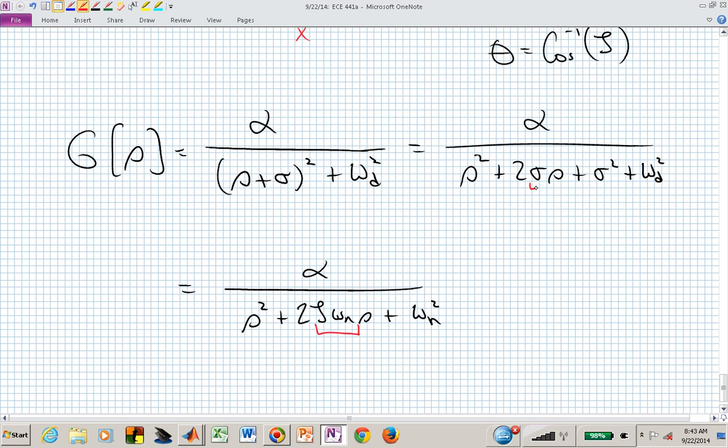There is our sigma piece. And the natural frequency, that's the hypotenuse. Omega n squared is equal to a squared plus b squared, where a is sigma and b is omega sub d. So this piece corresponds to that piece.